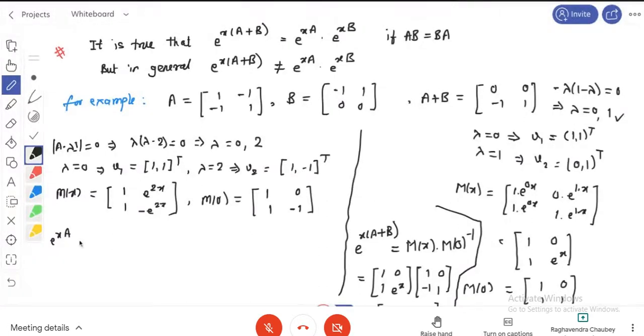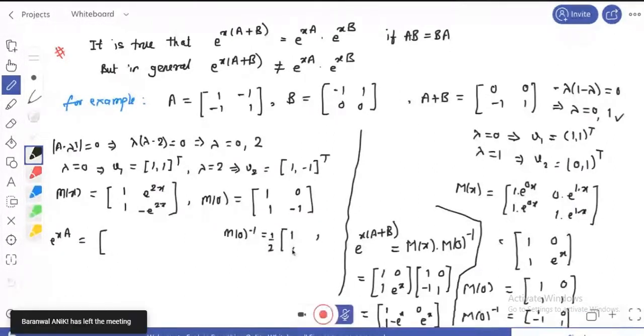So we also have to find m0 inverse. M0 inverse, determinant is minus 1, so that equals 1 1 1 minus 1.